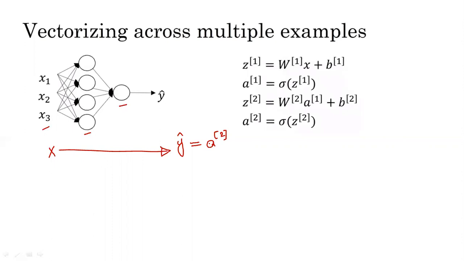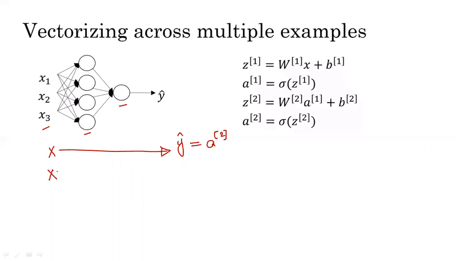Now this was the case when we had a single training example, but what if I have some m number of training examples? What is the representation that I can use to represent m number of inputs and m number of outputs corresponding to the m training examples? Let me write these representations.